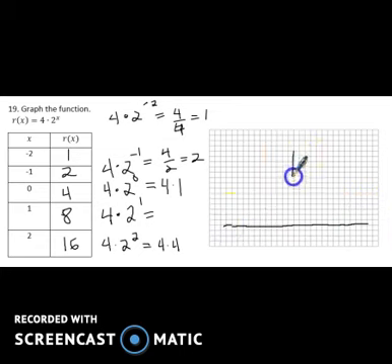I'm going to go out 1, 2, and -1, and -2.